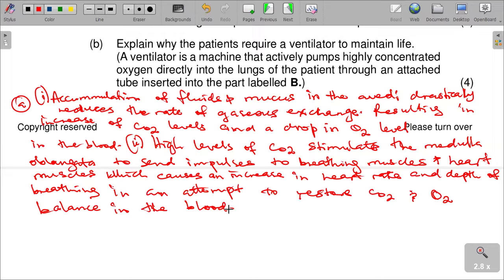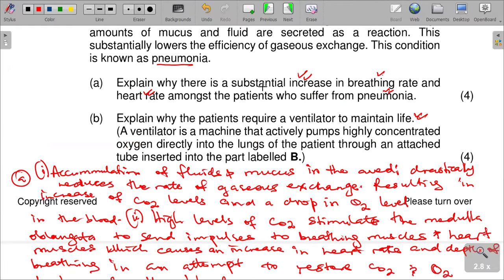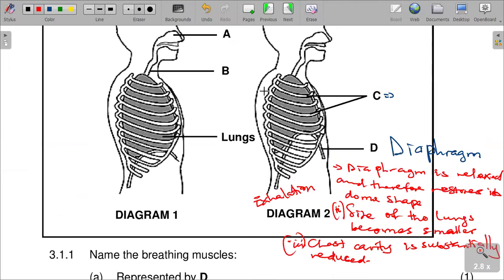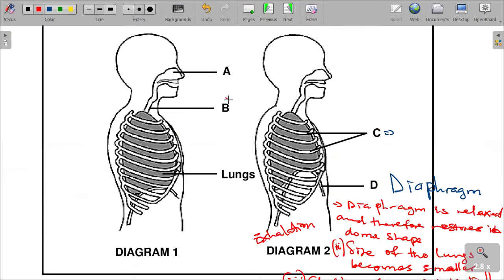And then let me just go to the last question, Question B. Explain why patients require a ventilator to maintain life, which is a machine that actively pumps highly concentrated oxygen directly into the lungs of the patient through the part labeled B, which is this one.